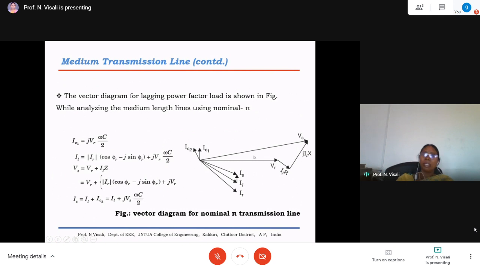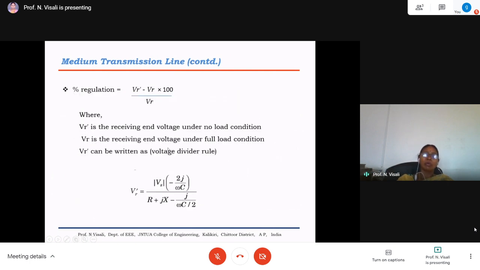So we are going to get Vs. But here for the IR, we add IC1, then we get IL. To that we add IC2, we get IS. So like this we get the phasor diagram of the medium transmission line. Then this can be written as equivalent ABCD parameters.